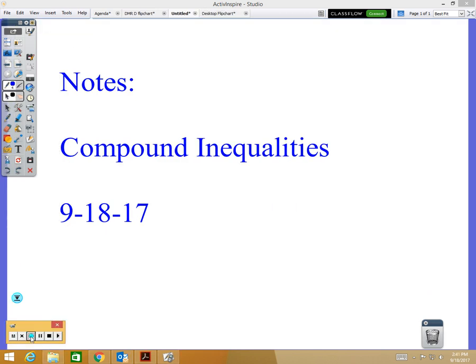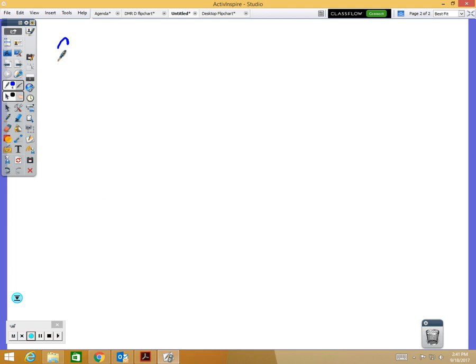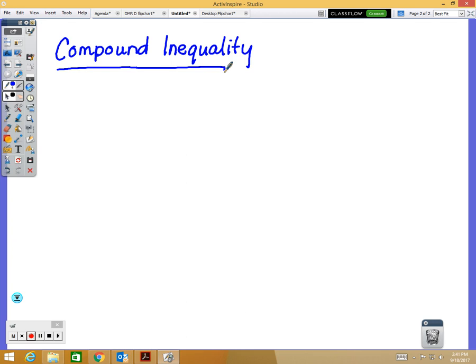Right, so a compound inequality is two distinct inequalities joined by the word and or the word or. Two distinct, it means like separate from each other.